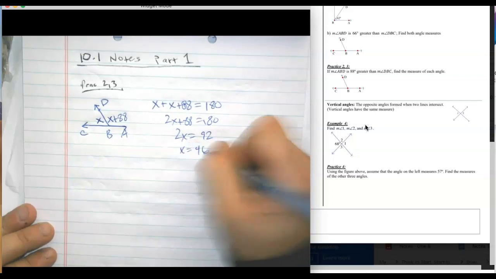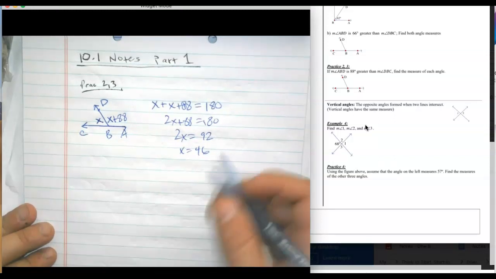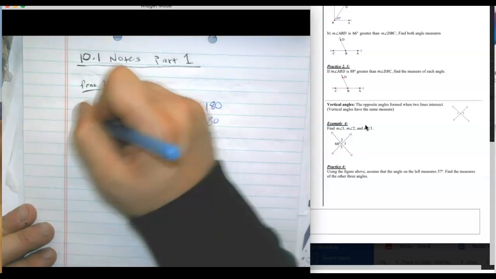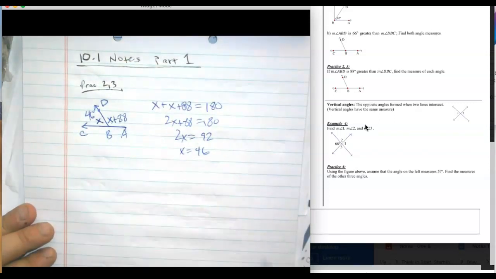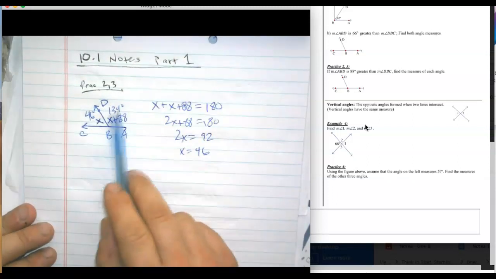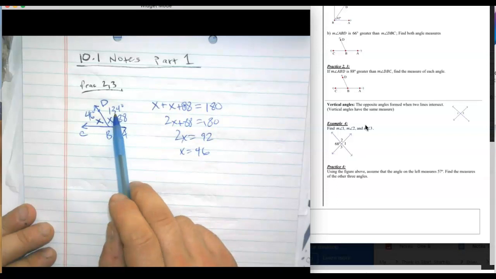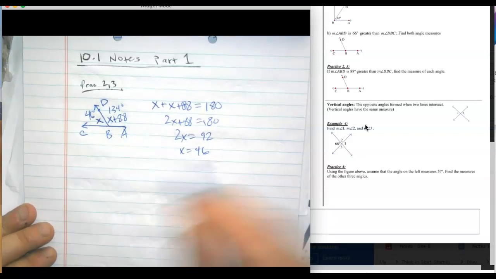So x is 46 on this one, and then this one's 46, and this one is 46 plus 88, so that's 134. And then you can do your last little mental math: 134 plus 46 is 180, as it should be.